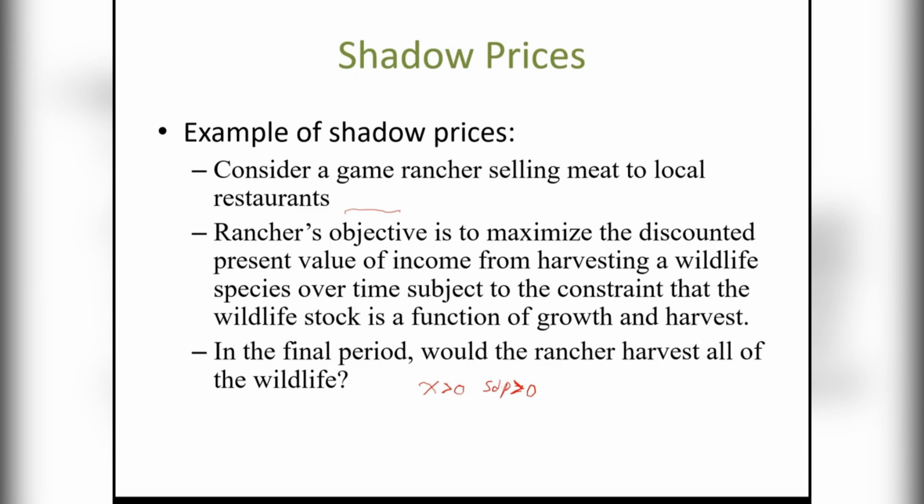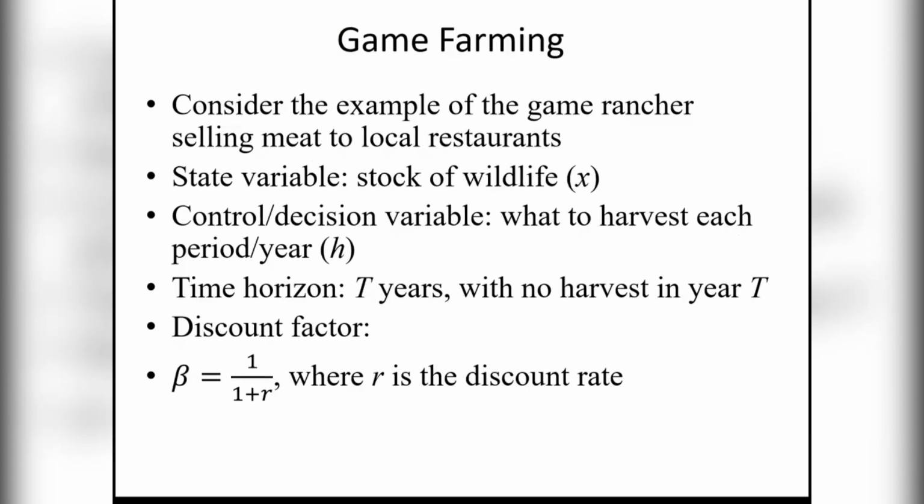If, however, there are animals left over, which the developer would have to get rid of, or just tear the fence down and let them go, it would not pay the rancher to take those animals. There'd be excess animals, so the marginal cost would be greater than marginal revenue, and the shadow price in that case would be 0. The same thing we find if there's unemployment: the shadow price of labor would be 0.